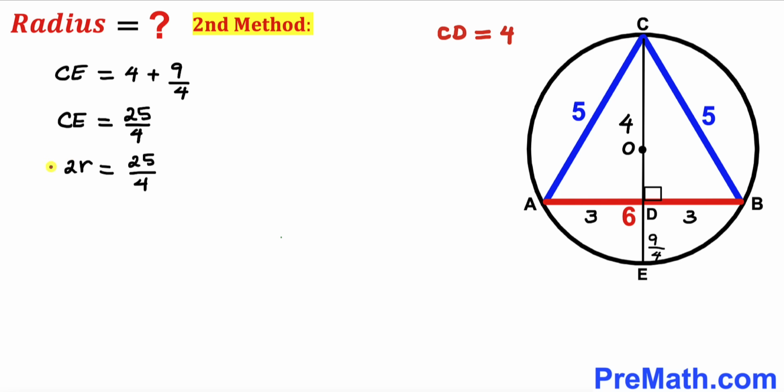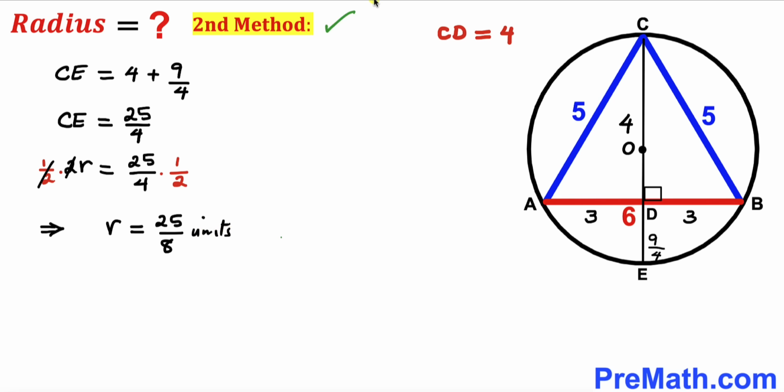Now I'm going to multiply both sides by 1 divided by 2 to isolate radius r. Here we can see 2 and 1 divided by 2 are gone. So our radius r value simply turns out to be 25 divided by 8 units by using the second method as well.